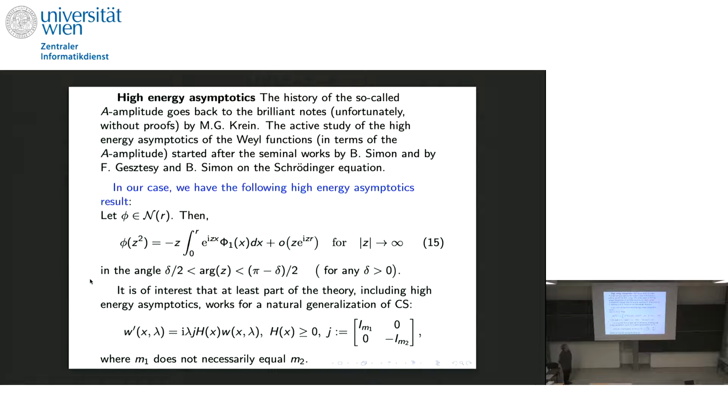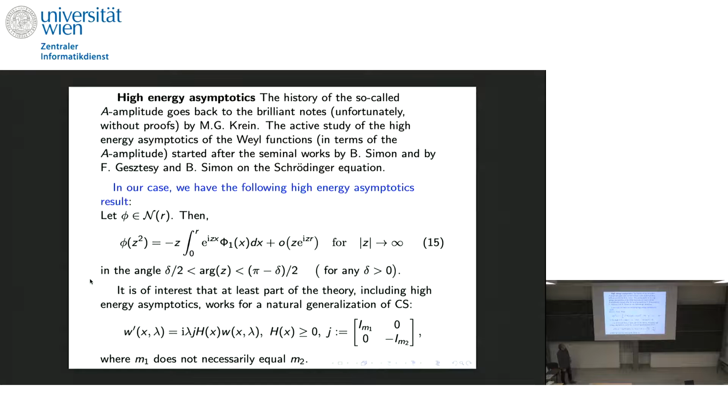Well, now high energy asymptotics. The study of high energy asymptotics of the Weyl functions was actively done after the fundamental and seminal papers by Barry Simon and by Fritz Gesztesy and Barry Simon on the Schrödinger equation.